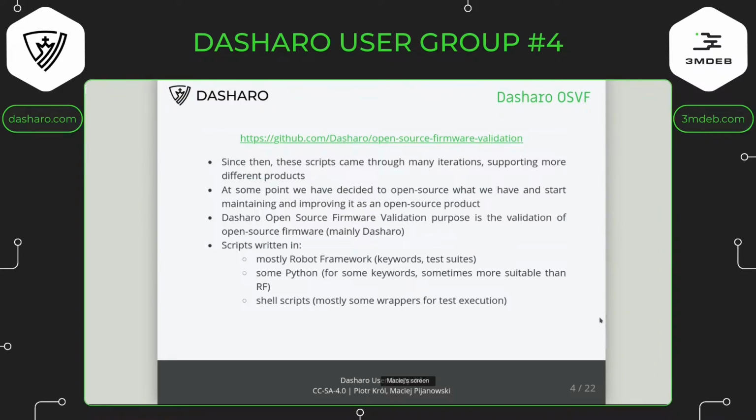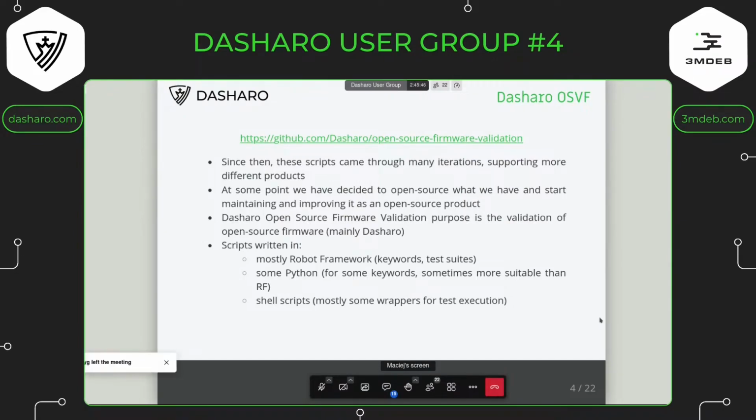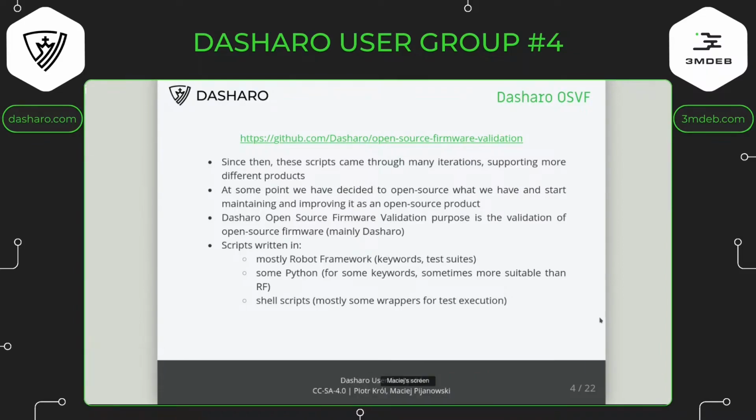It evolves in many different unpredictable ways. At some point we decided that there is no real value in keeping it closed, so we just decided to open source what we have in whatever state it was, and start improving it as an open source project.